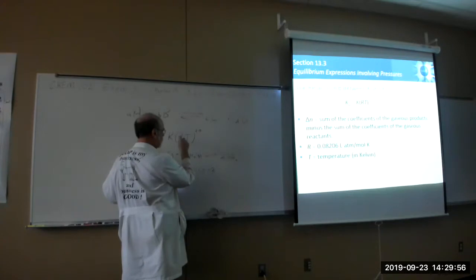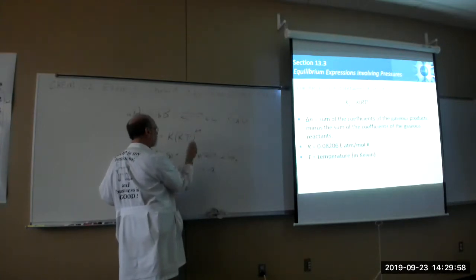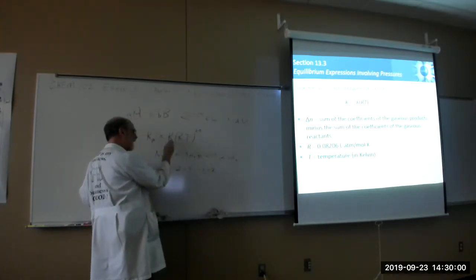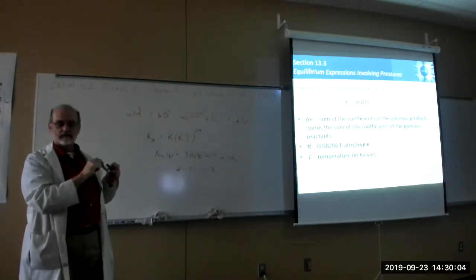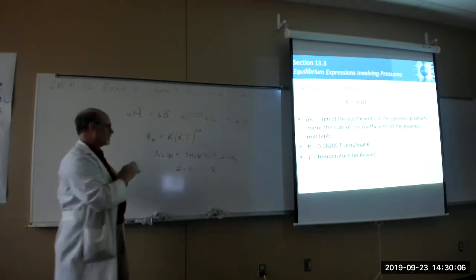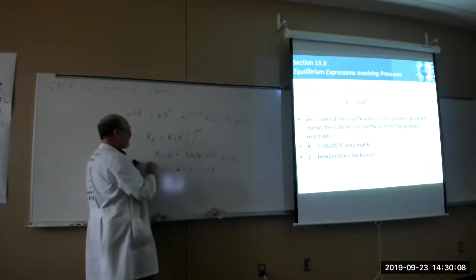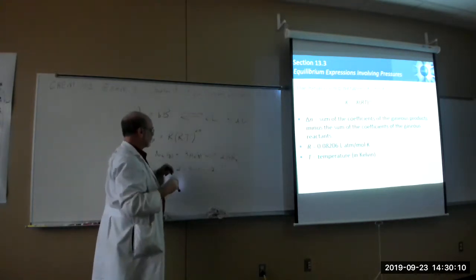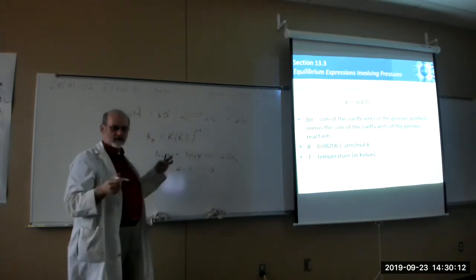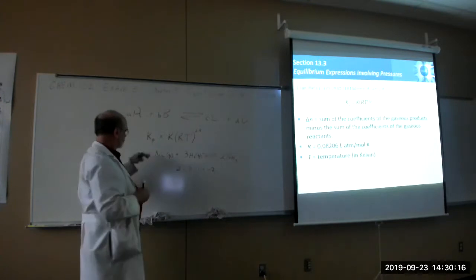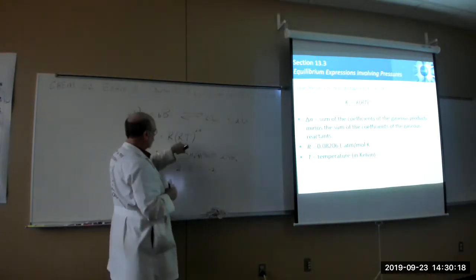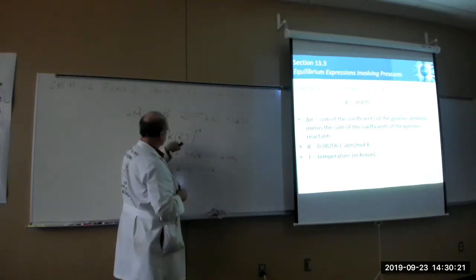And take that to the -2 power, then you can multiply it by K, and that will give you K sub P. That's how they're related. If you knew K sub P and you wanted to find out what K was, it's like any other equation. If it's one unknown, you can solve it. So you would have a value here, a value there, a value there, a value there, solve for this one.